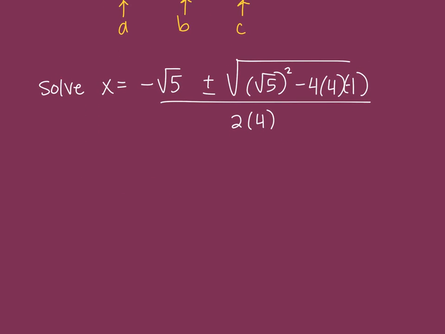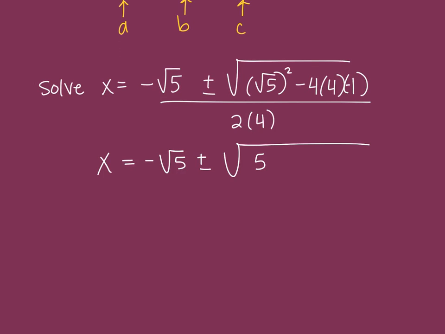Now again, you don't need your calculator to tell you what this is going to be. You can use what you know in your brain. Because to square something is to multiply it by itself. Rad 5 times rad 5, that's just 5. But you could use your calculator to do it as long as you did parentheses there too. So this is going to be 5.